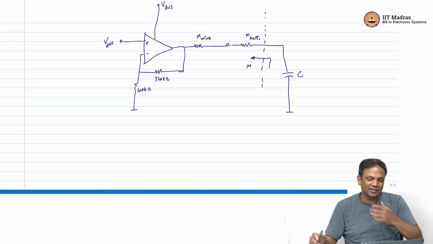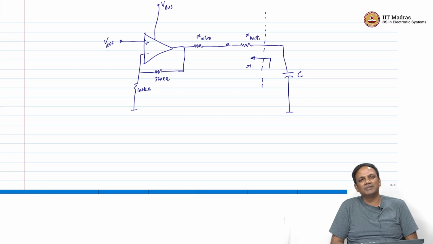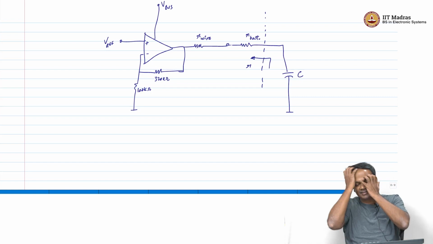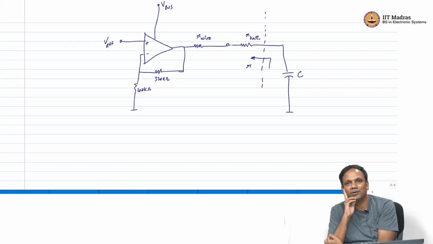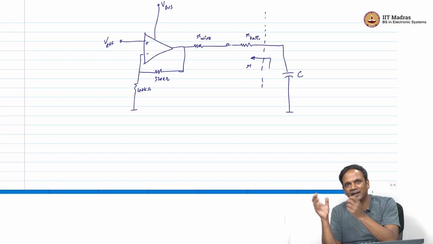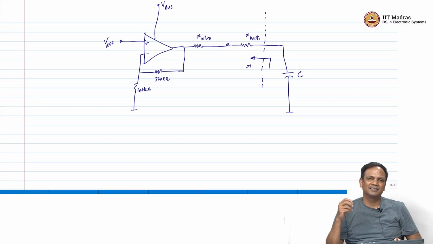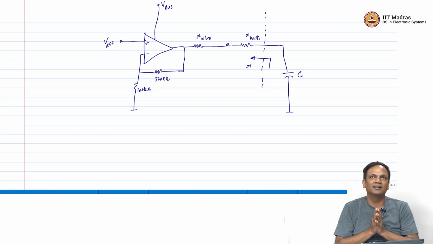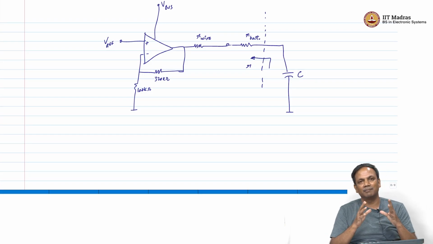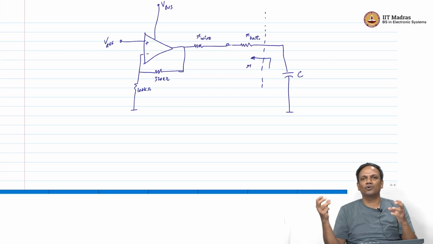Now, one way is to say that I am going to open the PCB, look at the trace length and width, look at the sectional area, calculate rho by A and then rho by A into L, that is how I am going to estimate the resistance. Or you can say, I have a 1000 mAh battery. When they talk about the battery's capacity, the rated capacity of the battery is also called 1C.